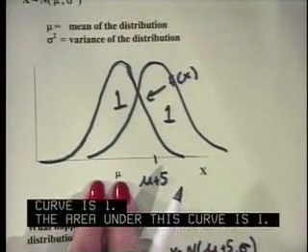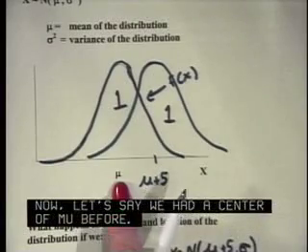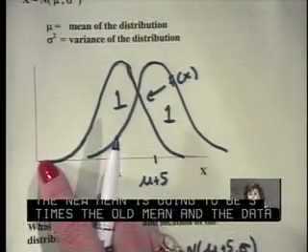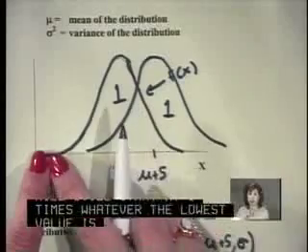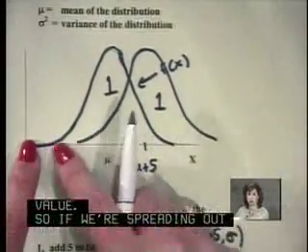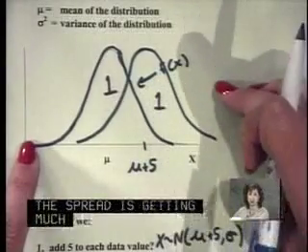Now, let's say we had a center of mu before. The new mean is going to be 3 times the old mean, and the data will still start at 3 times whatever the lowest value is, but go up to 3 times the highest value. So if we're spreading out here, let's look and see what's happening. The spread is getting much bigger, and the height is getting lower.